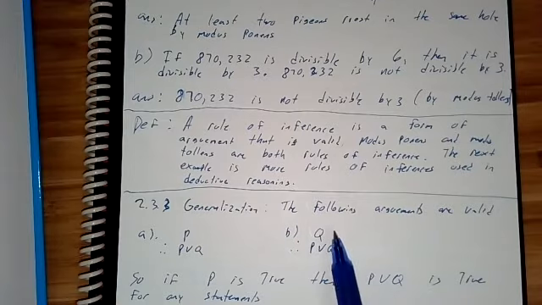Valid implies that if the premise is true, the conclusion is true. So it doesn't matter what Q is in part A, and here P doesn't matter.